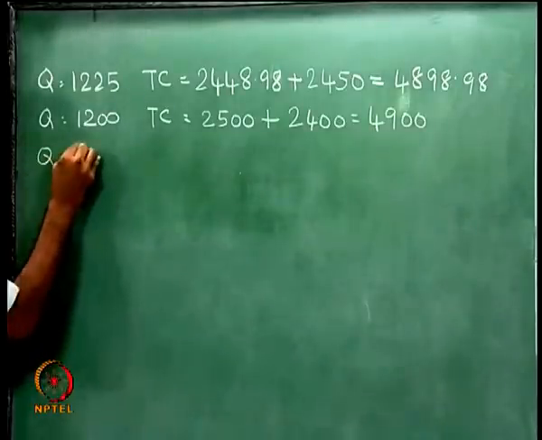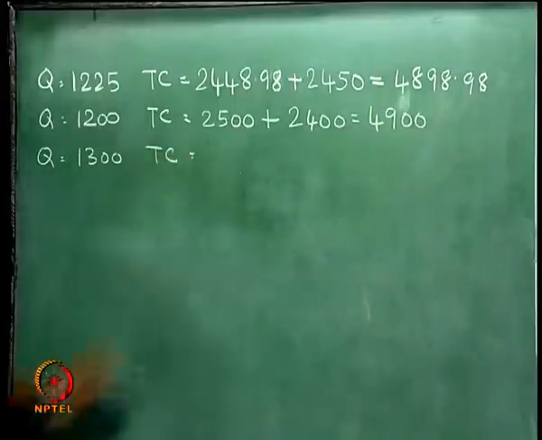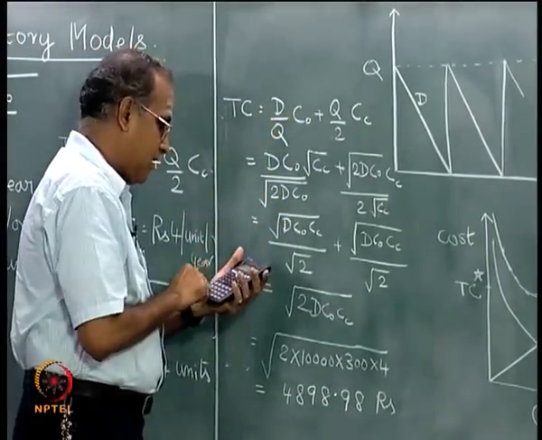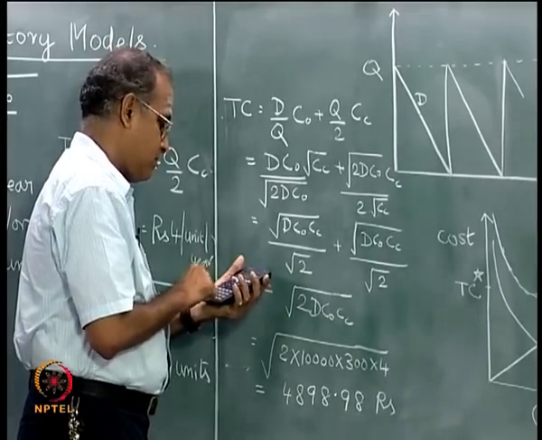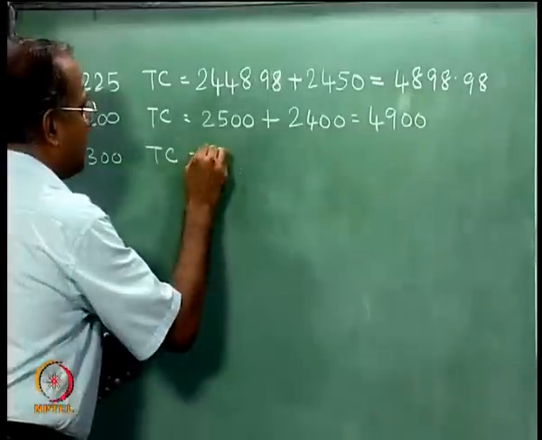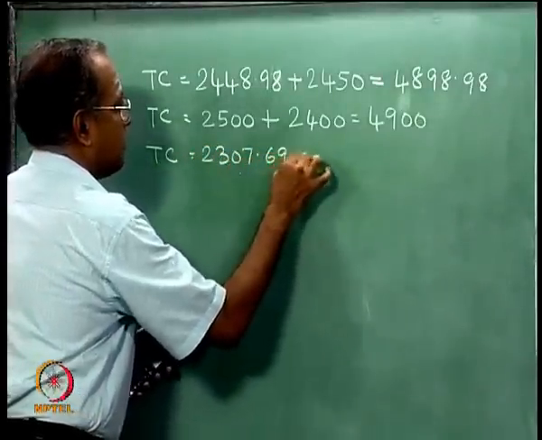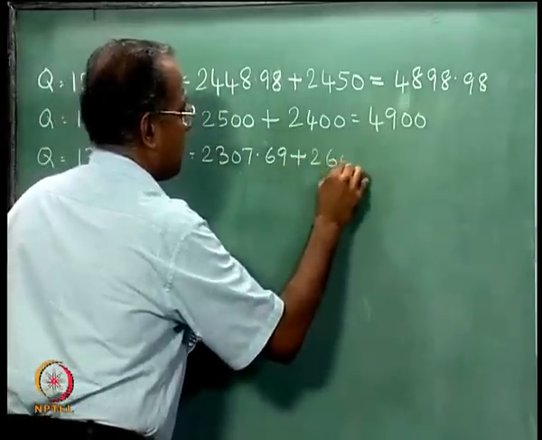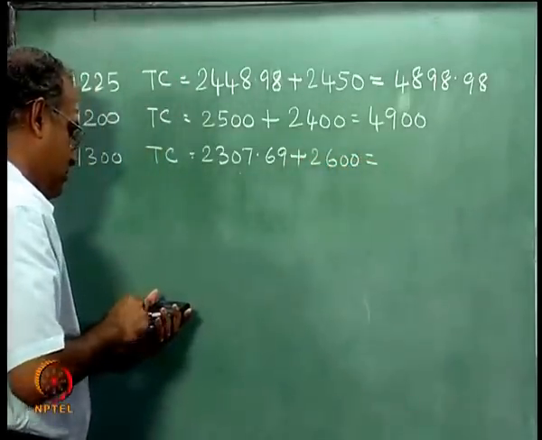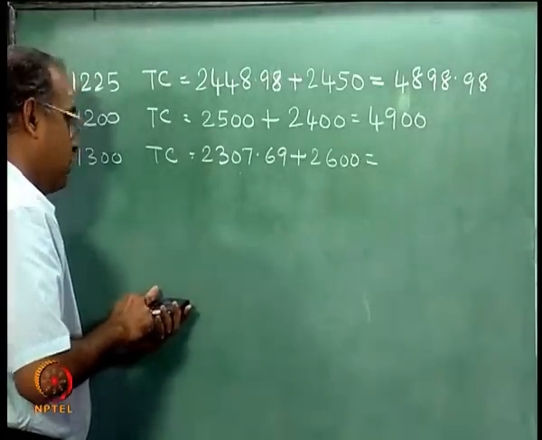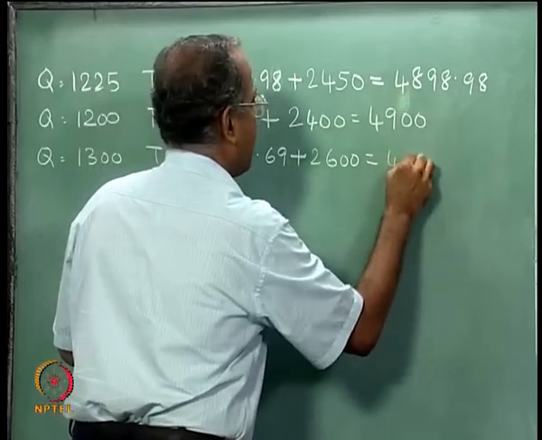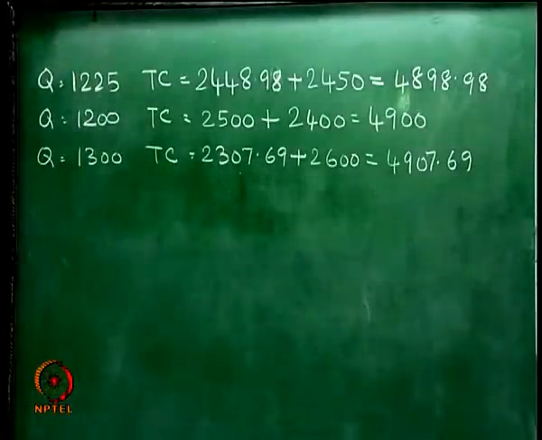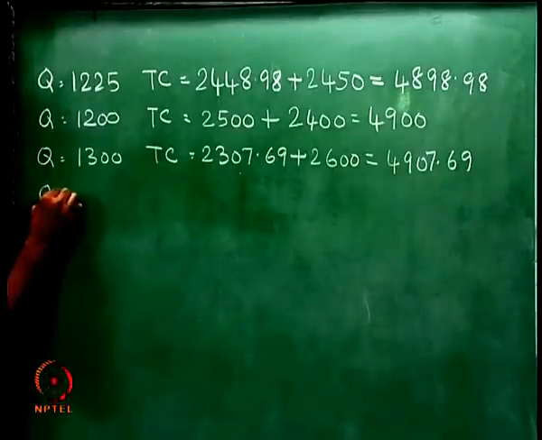Now if q equal to 1300, TC is equal to 10,000 into 300 divided by 1300 plus the carrying cost, which becomes 4907.69. Let us just look at one more calculation or two more calculations.